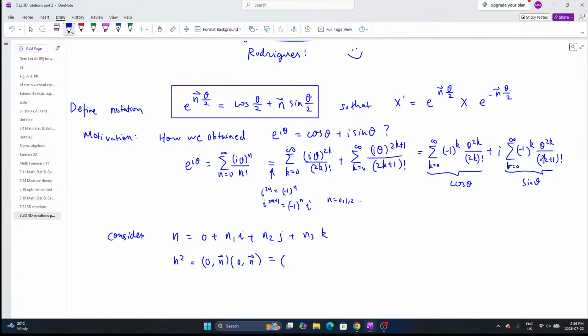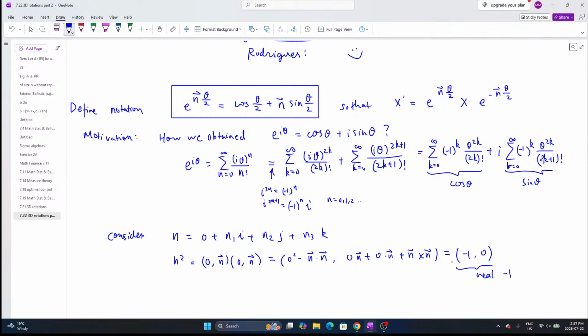Clearly that's just 0 squared minus n dot product with n itself, and then 0 times n plus 0 times n plus n cross n. So the vector part is completely 0. So you just get minus 1 and 0. And this is identified as the real number minus 1.